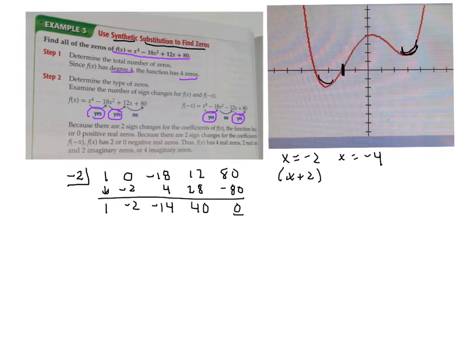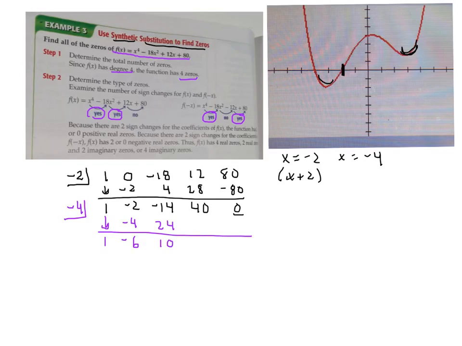So now I'm going to divide out negative 4. Notice I'm starting with the results that I've already divided out. So I'm going to drop the 1, and I get negative 4. I add, I get negative 6. I multiply, I get 24. I add, I get 10.